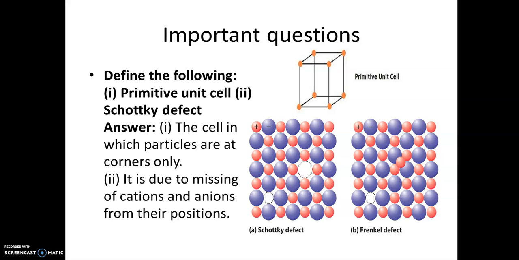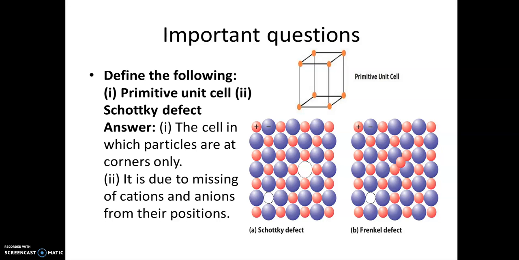The main topics are types of crystalline solids, what crystalline solids are, amorphous solids, types of crystalline solids, unit cell, crystal lattice, types of unit cells, problems, and crystal defects. These are very important topics in this chapter. From the crystal structure you can expect more questions, and from unit cells you can expect more problems. Surely there will be a problem from this chapter.